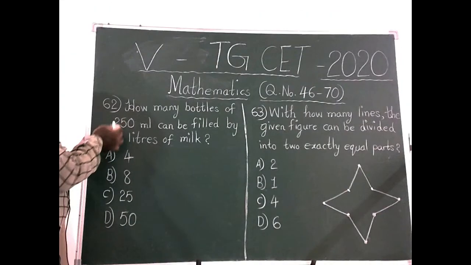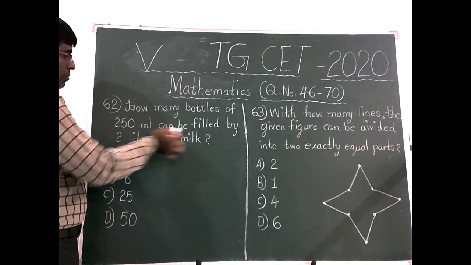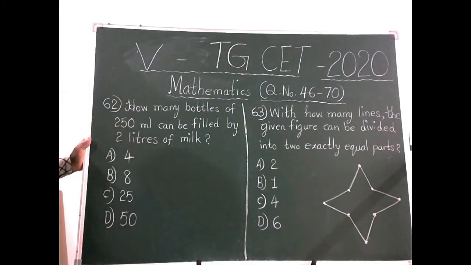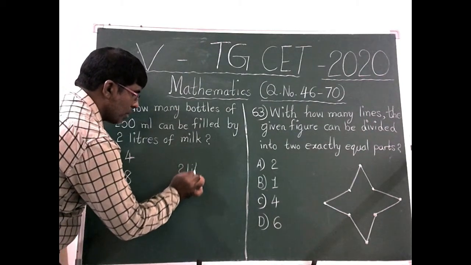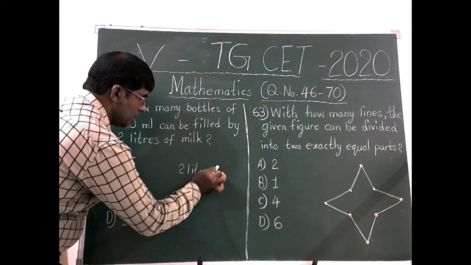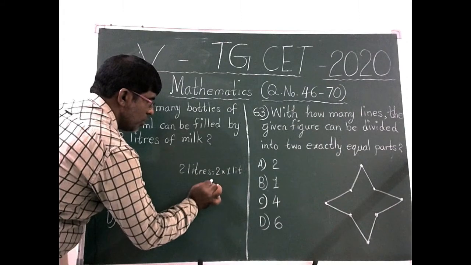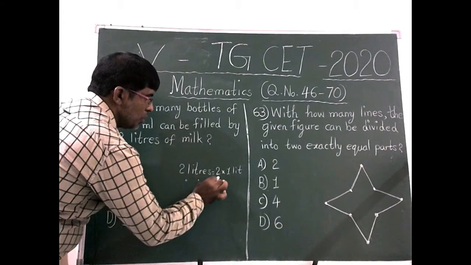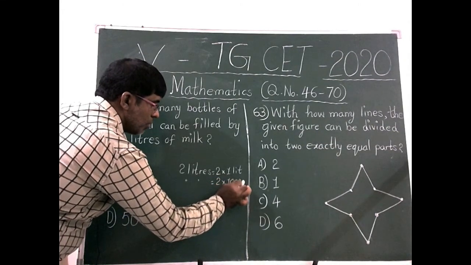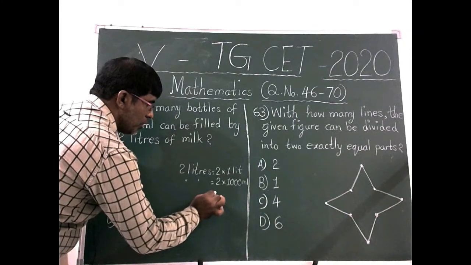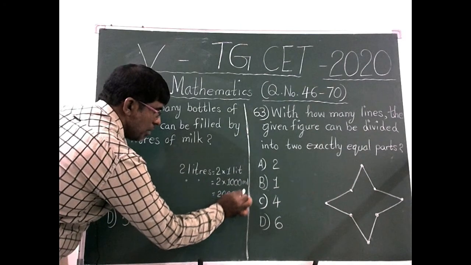Now, how many bottles of 250 ml can be filled by 2 liters of milk? 2 liters equals 2 times 1 liter. 1 liter equals 1000 ml, so 2 times 1000 is 2000 ml.